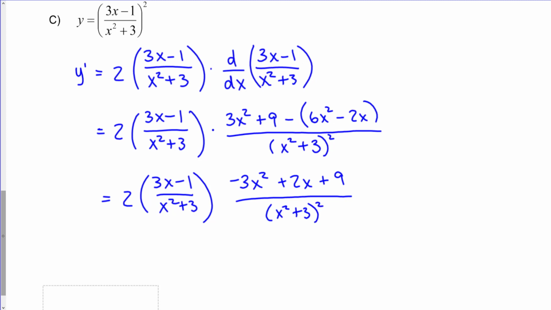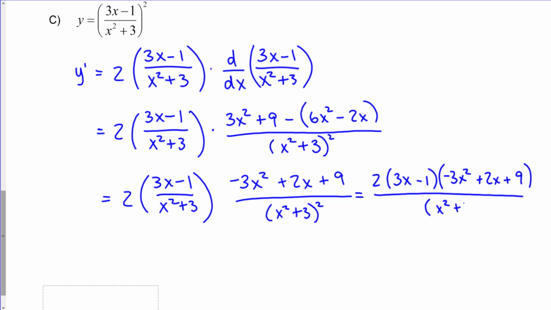This would be a fine way of expressing your final answer, but the denominators are the same for both of these fractions. You could put this over a single fraction bar and make it 2 times 3x minus 1 times negative 3x squared plus 2x plus 9 all over x squared plus 3 cubed.